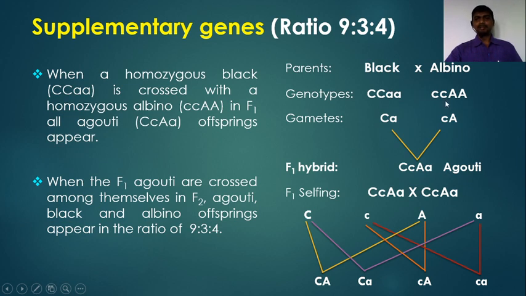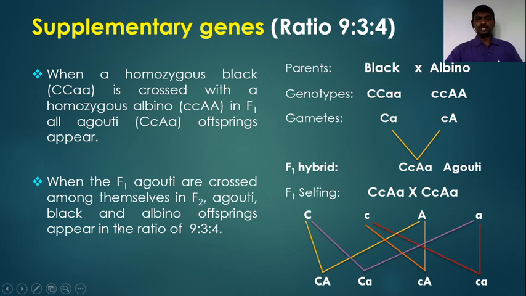Here, in case of the albino mouse parent, this small c is an example of a recessive epistatic gene. It is not able to express the gene A because of the presence of the recessive allele c, because of which the dominant A allele is not able to express.